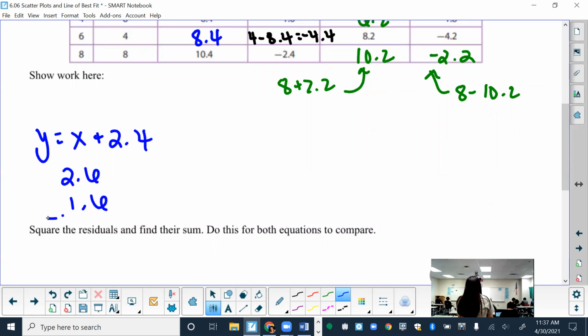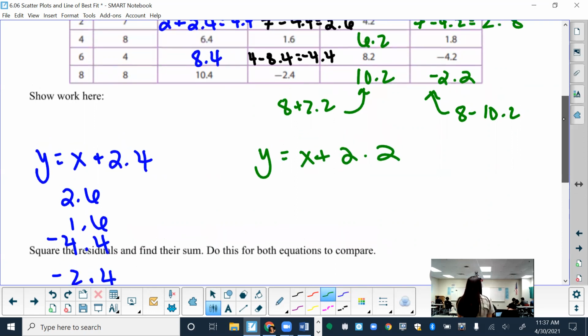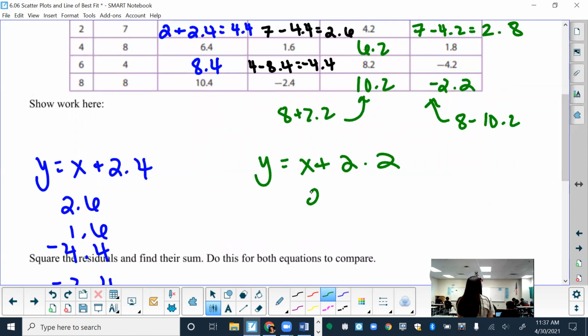Sorry, I'm kind of writing over this. All right, and then the other equation, y equals x plus 2.2. Those residuals were 2.8, 1.8, negative 4.2, and negative 2.2.